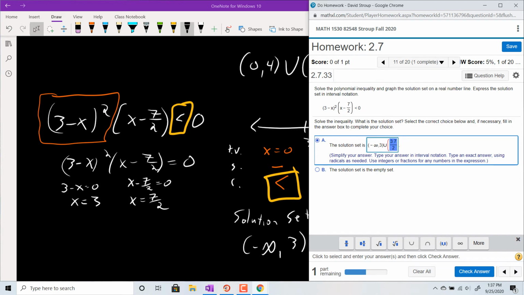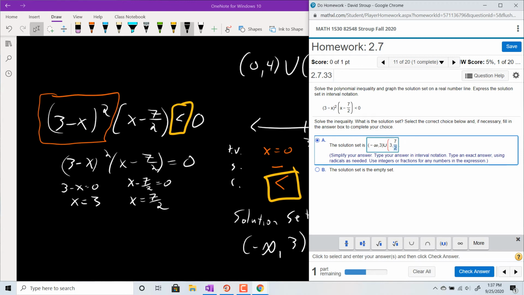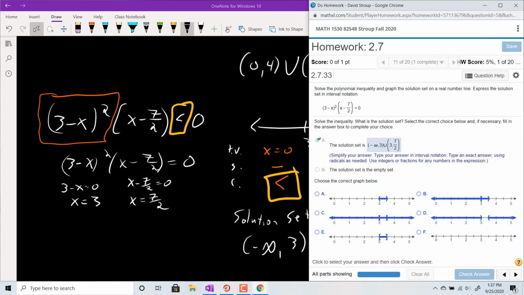Yay. All right. So on the number line, it looks like it's going to be B, right?